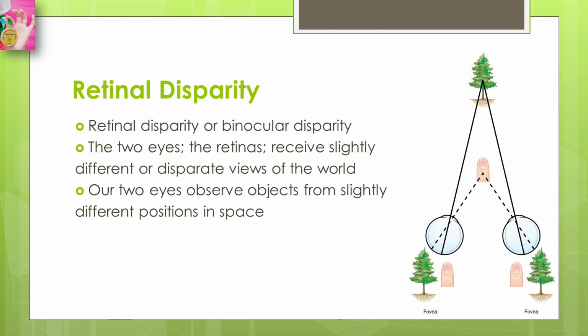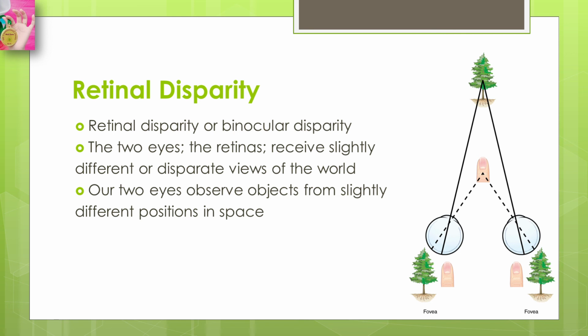When the images from both eyes are fused together, the result is a powerful sensation of depth, and objects that are within 25 feet project images to different locations on the right and left retina. The separation between the images of these objects in the two eyes is known as retinal disparity.